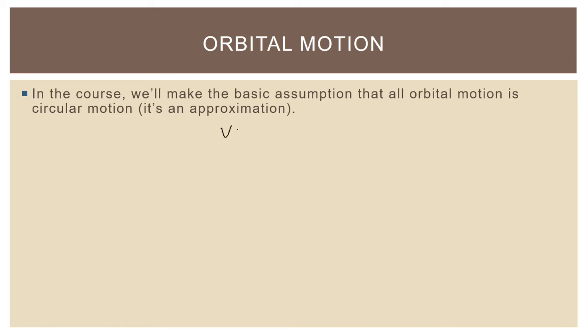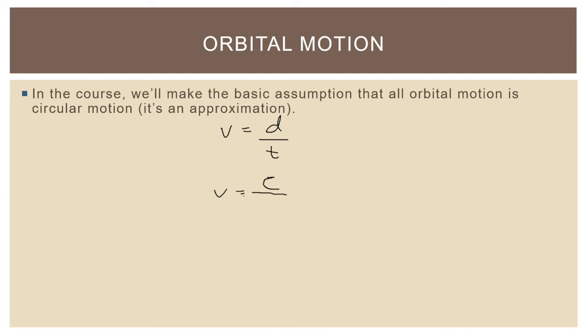Now, this, of course, is not the equation that we just came up with, but the good old-fashioned v equals d over t. And now we need to ask ourselves a question. When an object is moving in a circular path and it goes around that circle once, what is the distance that object travels? The answer is the distance it travels is the circumference of the circle.